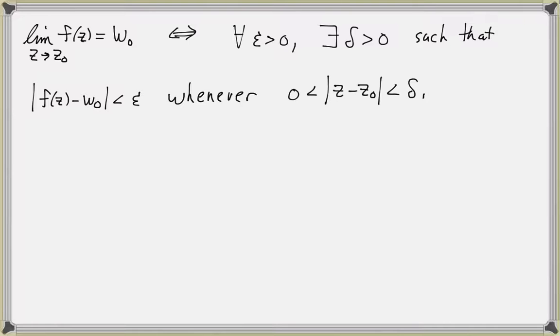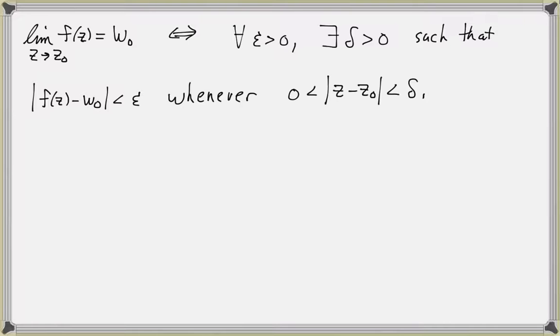So this definition says that no matter how small a positive number epsilon you choose, we can find another positive distance delta such that if z is within distance delta of z0 but not equal to z0, then the values of f of z will be within distance epsilon of w0.